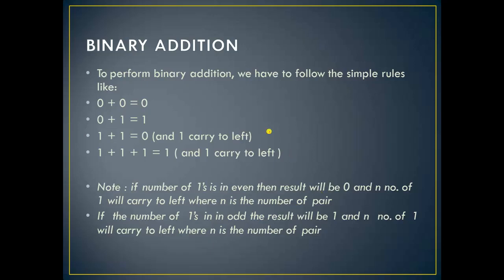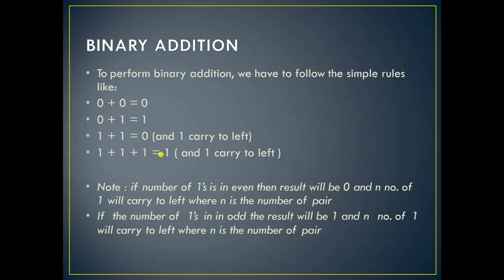To perform binary addition, we have to follow simple rules. 0 plus 0 is 0. 0 plus 1 is 1. Now 1 plus 1 is 0, and 1 carry is there. So 1 plus 1 forms 10. Now 1 plus 1 plus 1 is 1, and 1 carry.